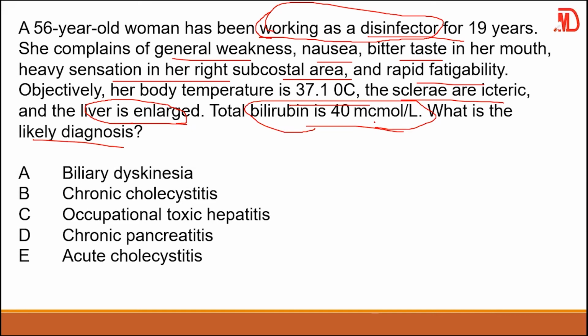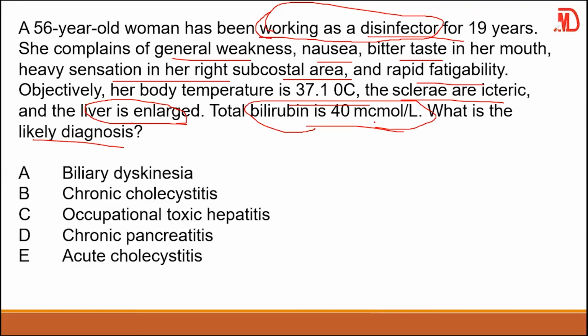And that is why over here we are looking at what we call occupational toxic hepatitis, which is simply an inflammation or swelling of the liver that is caused by exposure to chemicals or drugs, or from drinking excessive amounts of what?